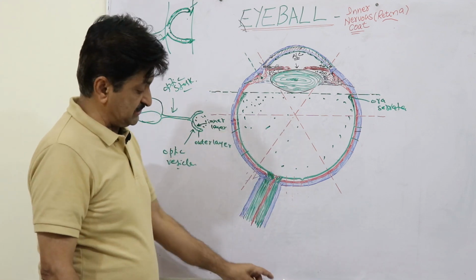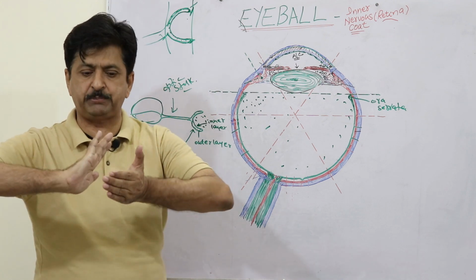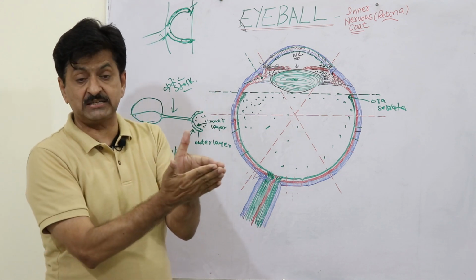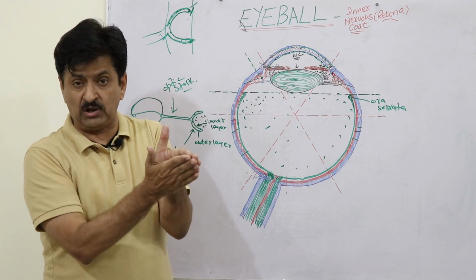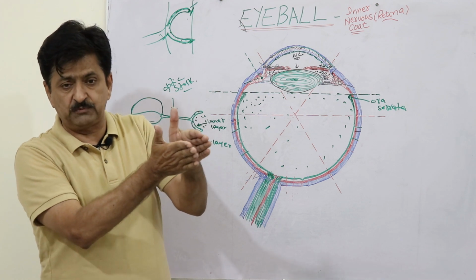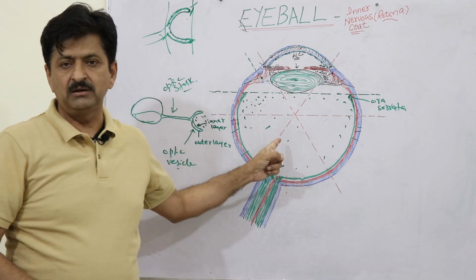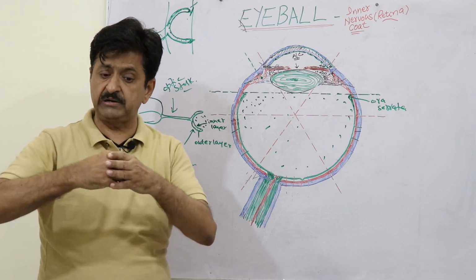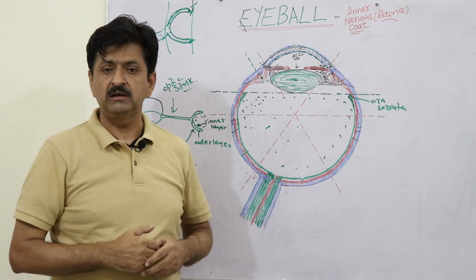And the vitreous is not just giving the globular shape to the eyeball, but is actually pressing the retina from inside, so that the 2 layers of the retina, the sensory and the pigmented layer, which have fused here, with no intraretinal space, remain in contact with each other as long as the vitreous stability is there. When there is a vitreous degeneration, the pressure on the 2 layers will be less, and these 2 layers will start separating. This is called retinal detachment.